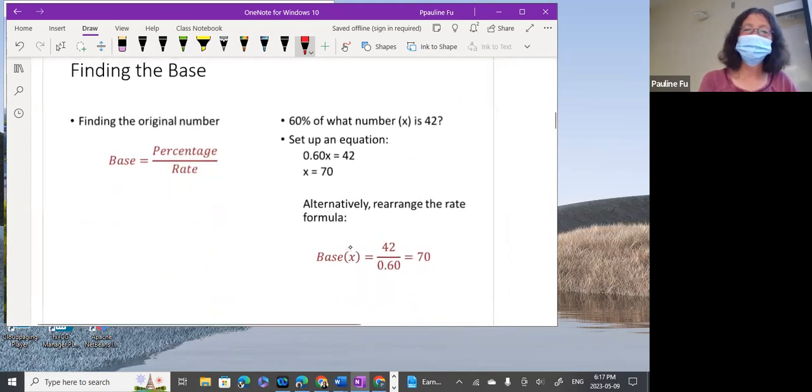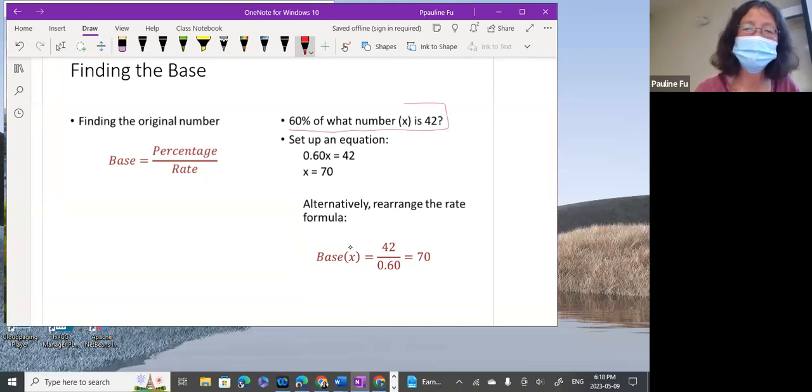Find the base. So 60% of what number is 42? That is the question. Let's say that number is X. So 60% of X is 42.